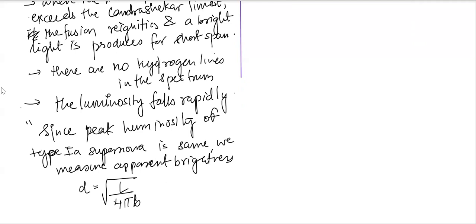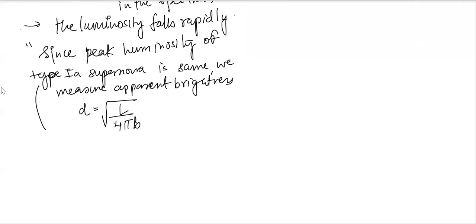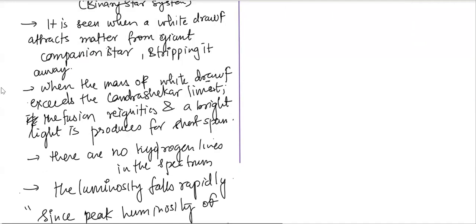Okay. So when you substitute luminosity and apparent brightness, you will get the distance. That's why type 1 supernovae are used as standard candles. They help determine longer distances.